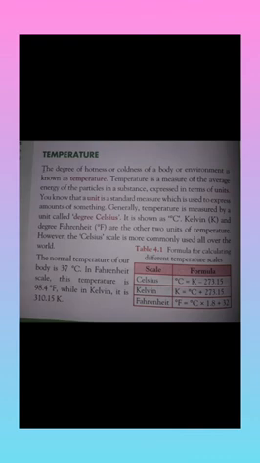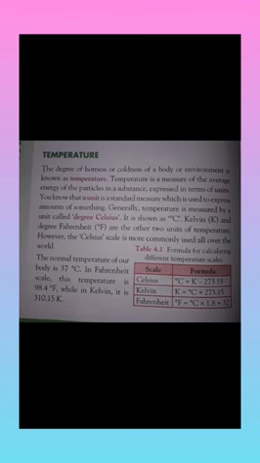And what is the normal temperature of a human body? It is 37 degrees Celsius. When we convert this 37 degrees Celsius into the Fahrenheit scale, it will be 98.4 degrees Fahrenheit. And when we convert 37 degrees Celsius into Kelvin, it will be 310.15 Kelvin.